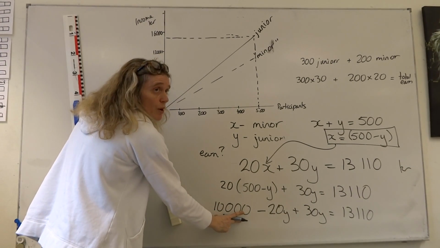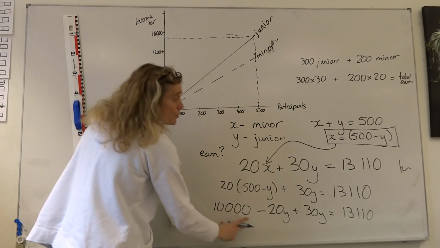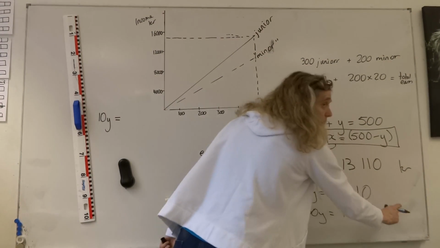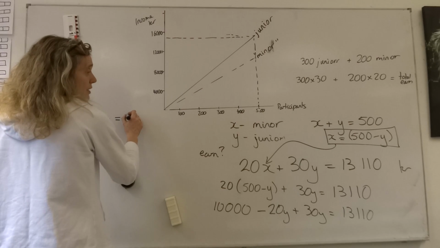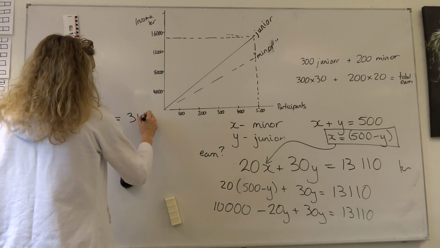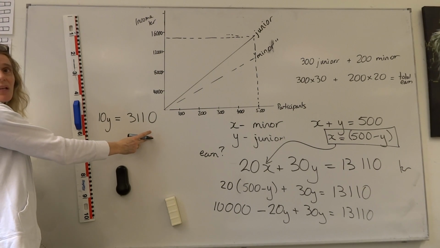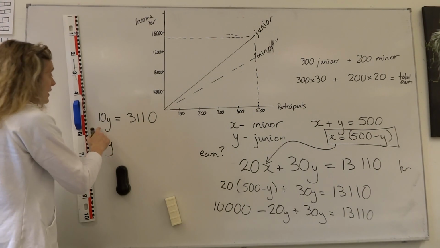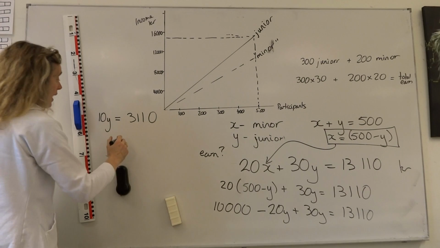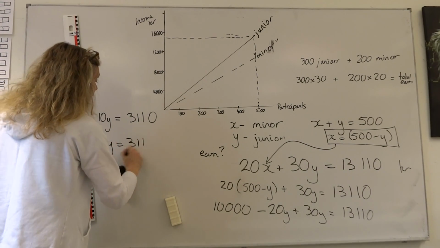We get 13,110 minus 10,000, giving us 3,110. So if 10y equals 3,110, divide both sides by 10, y equals 311.